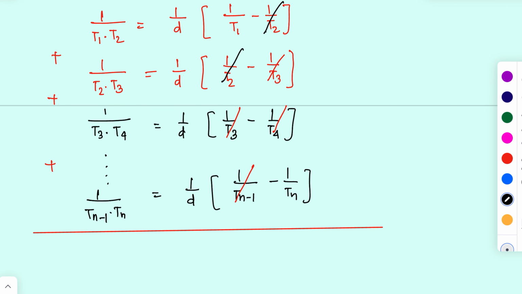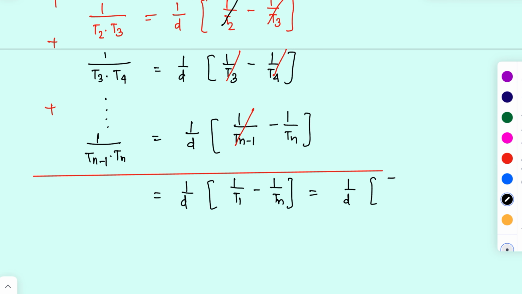So what we will get after addition is 1 by d. If we add all these terms, this will be equal to 1 by d into 1 by t1 minus 1 by tn, that is equal to 1 by d into (tn minus t1) by t1 into tn.